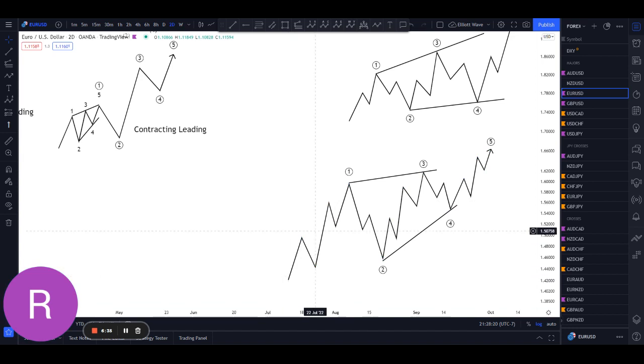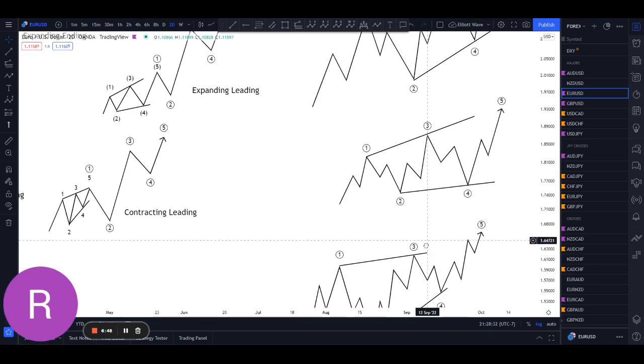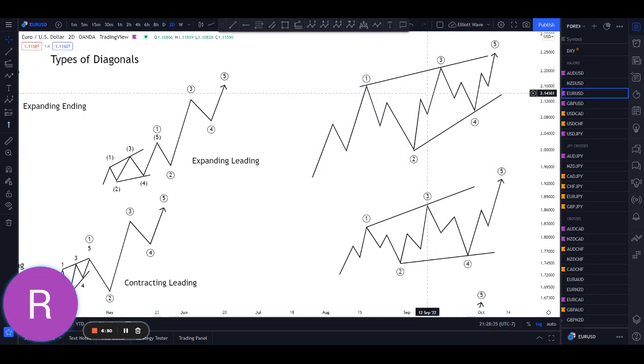So as you can see here, waves 1, 3, and 5 subdivide into mini impulses, mini 5-wave moves. So 1, 2, 3, 4, 5, 1, 2, 3, 1, 2, 3, 4, 5, instead of the typical 3, 3, 3, 3, 3.